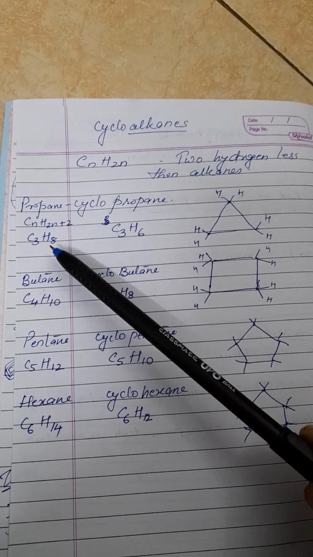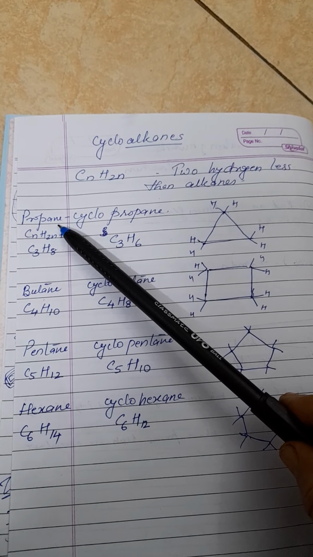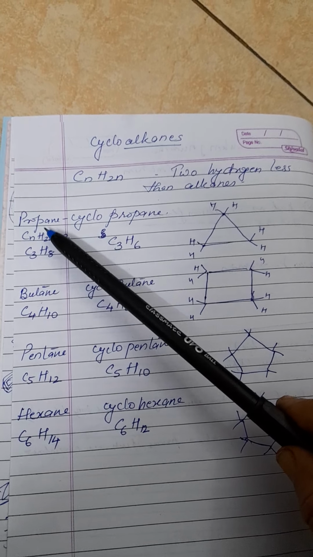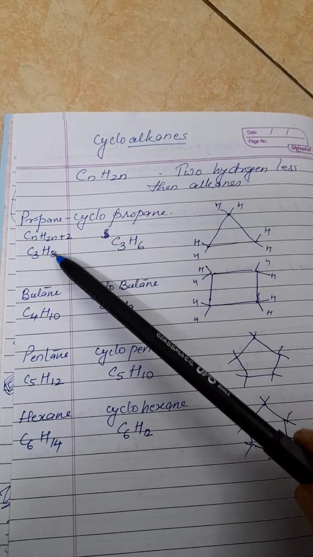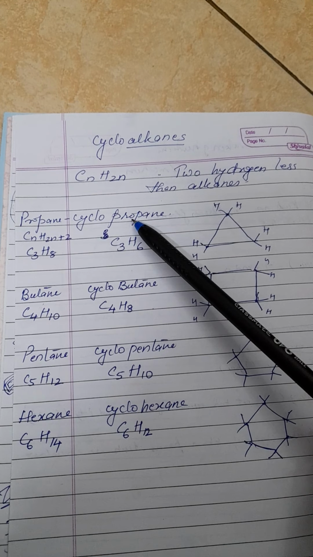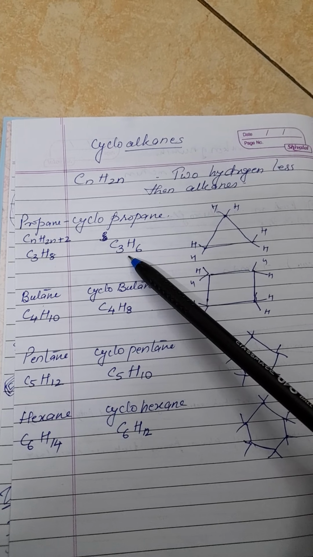Here we will see the example propane. We will have to start from propane, because 3 carbons is the minimum that can form a cyclic compound, not 2 carbon or 1 carbon. So propane's general formula is C3H8, and when we write cyclopropane, you will find that the amount of hydrogen is 2 less.